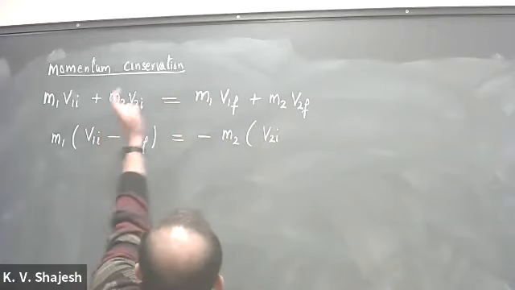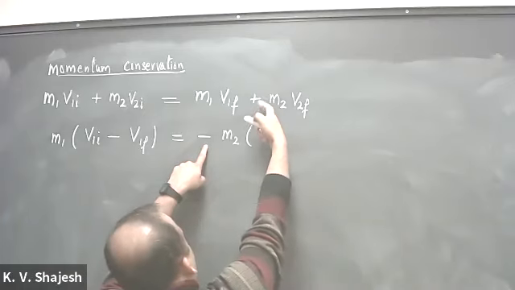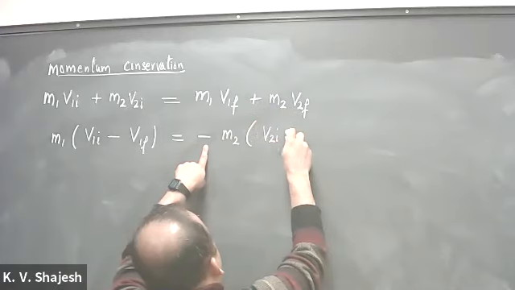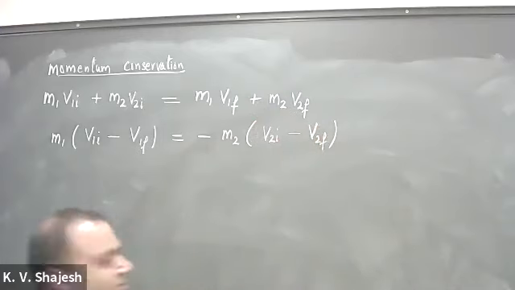The V2 initial goes to the right hand side and gets a negative sign. There's already a V2 final with a positive sign, so I write that as negative V2 final. A negative and a negative makes it positive. That's another way of writing the same equation that was written in the first one.